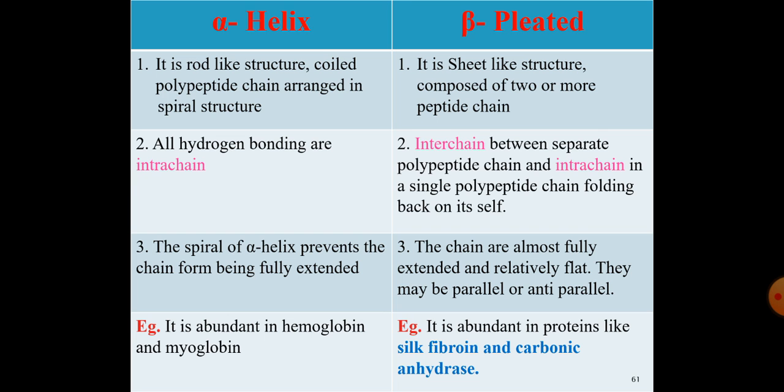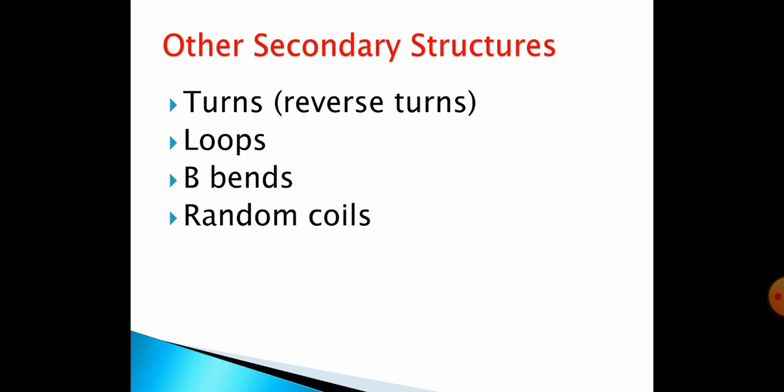The beta pleated sheet is abundant in proteins like fibrin and carbonic anhydrase. Carbonic anhydrase is a very important enzyme in buffering. Other secondary structures, like turns and loops, are not important, but we just focus on the alpha helix and beta pleated sheet.